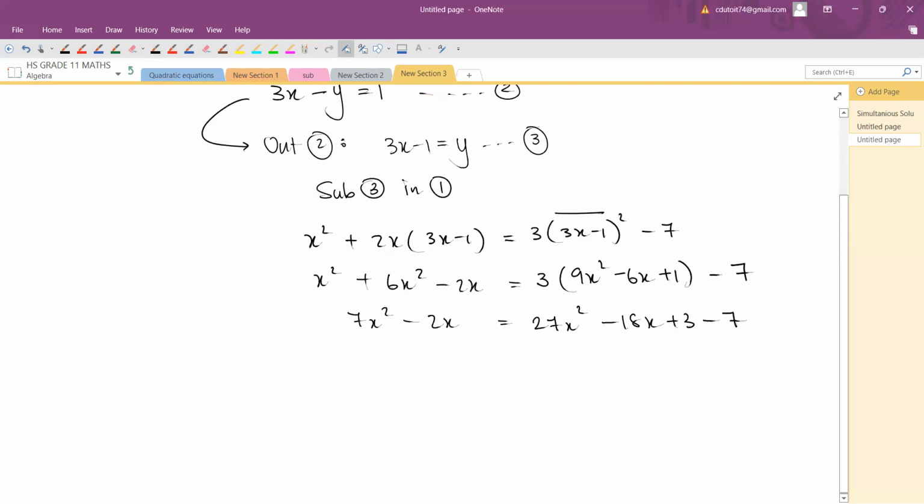Is that correct? Yeah, I have that. Okay, everything to the right. Why? If I throw everything to the right, I'm going to keep my x squares positive. That becomes negative 16x, and then 3 minus 7 is minus 4. Did you get that?